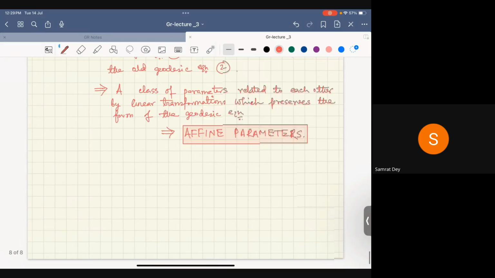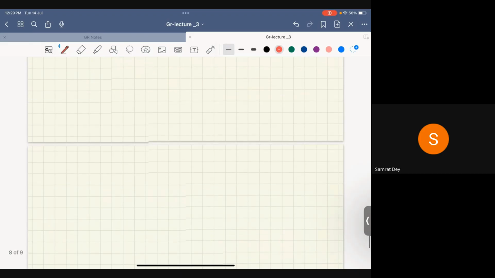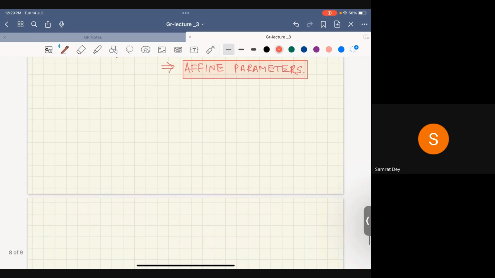Now let me state one thing quickly, and then I will go to the discussion of the null geodesics. The other important property here is that it is also possible to provide several other variational principles from which the geodesic equation with an affine parametrization can be obtained.